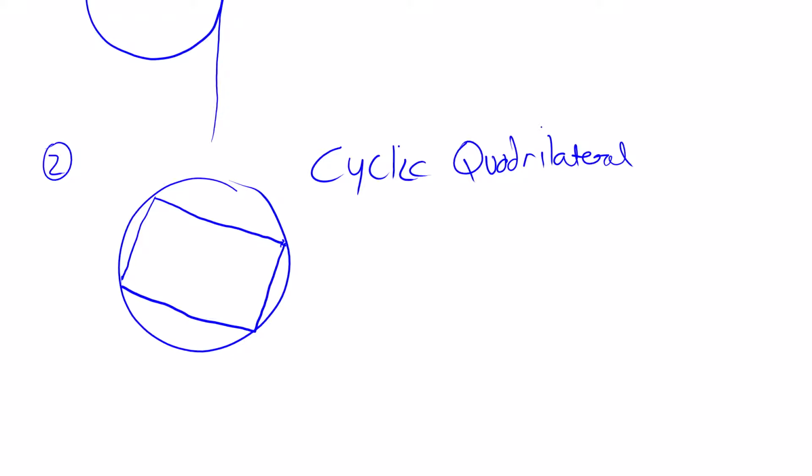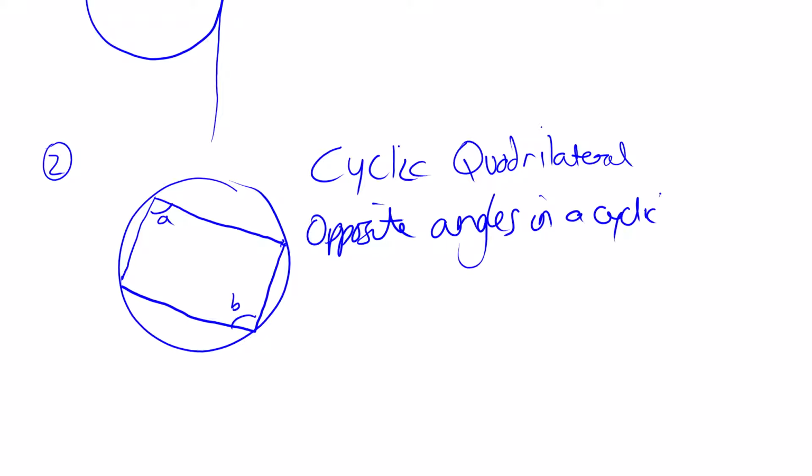Now, the theorem states that opposite angles, so let's call this one A and this one B, opposite angles in a cyclic quadrilateral add up to 180 degrees.